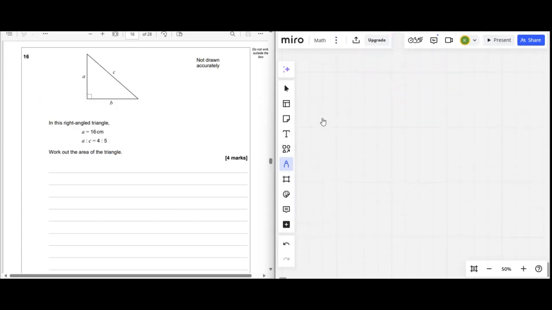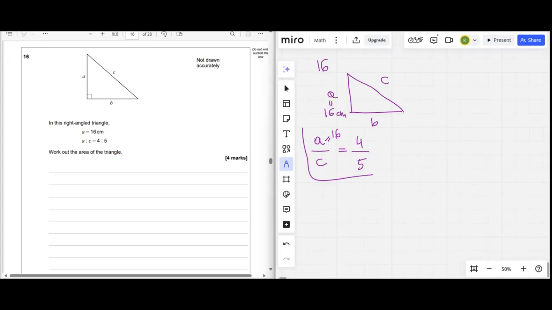Next, we have a right angle triangle with sides A, B, and C, and we know that A is 16 centimeters, and we have a ratio A to C being 4 to 5. I'm changing the ratio to a fraction because I can. And we know that A is 16.